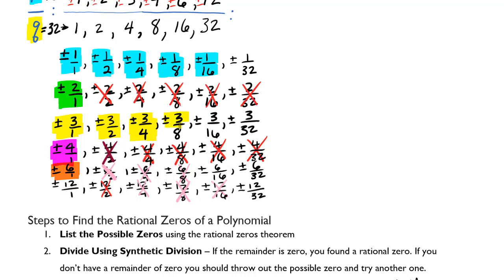Now let's look at 3 eighths. That's equivalent to 6 sixteenths and 12 32nds. Now let's look at 3 sixteenths. That's equivalent to 6 32nds.